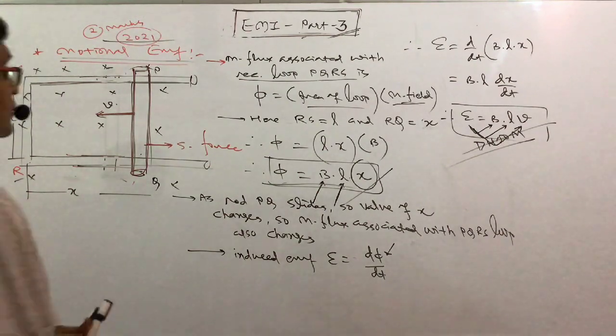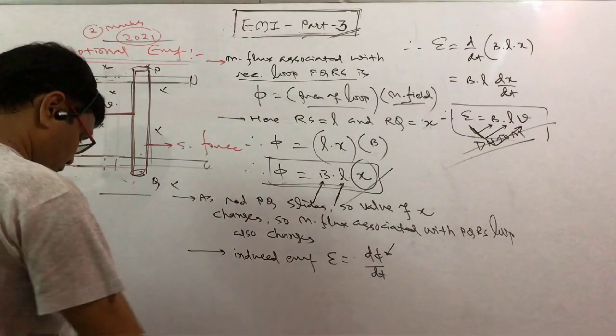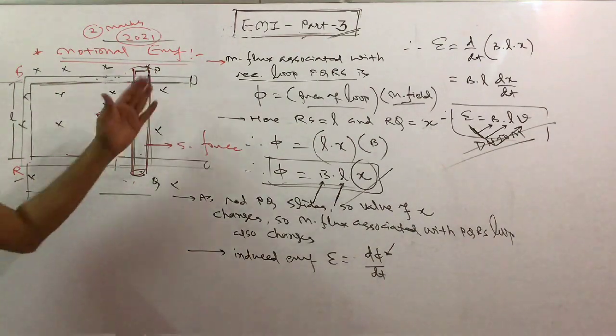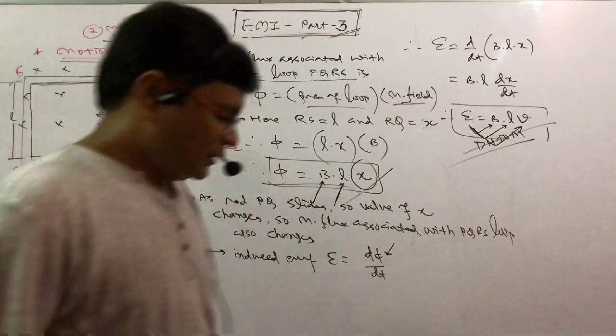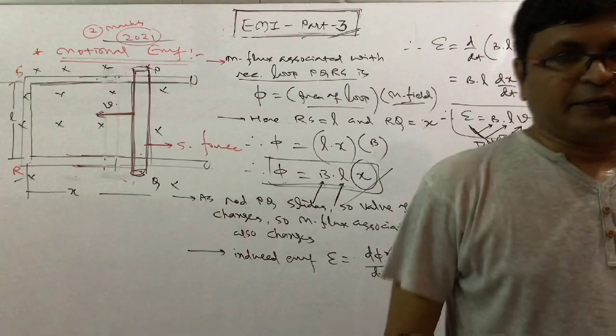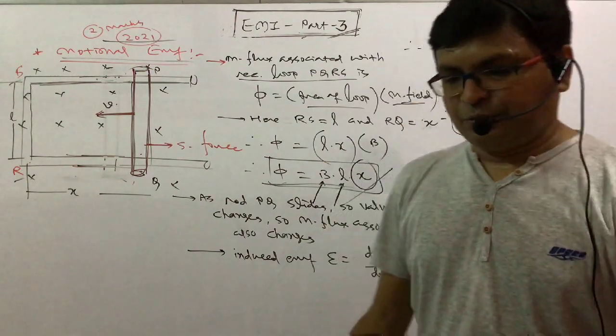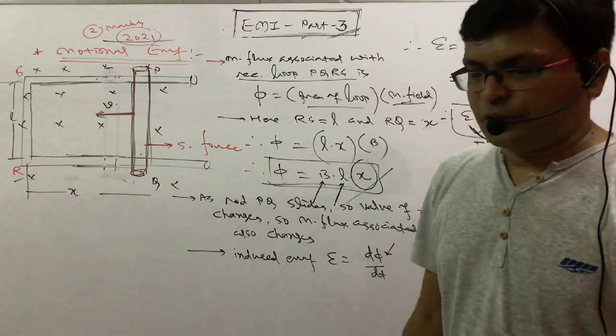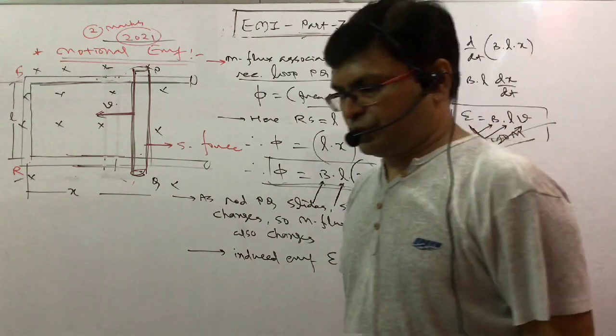Okay, now we would like to think about one MCQ based on it. I am giving you a question. Obviously, you have to write it. If you don't have a pen or pencil right now, then you have missed out. So what is the question?